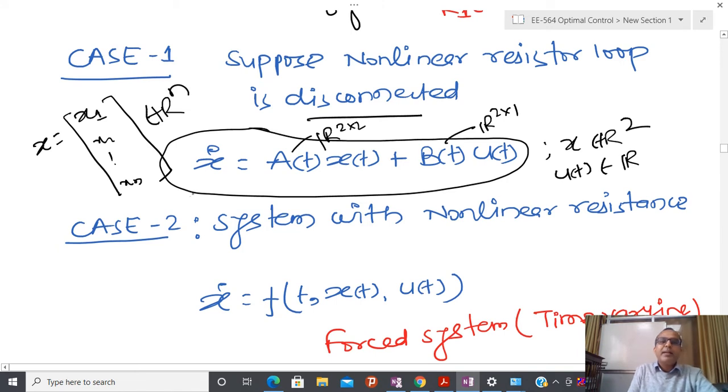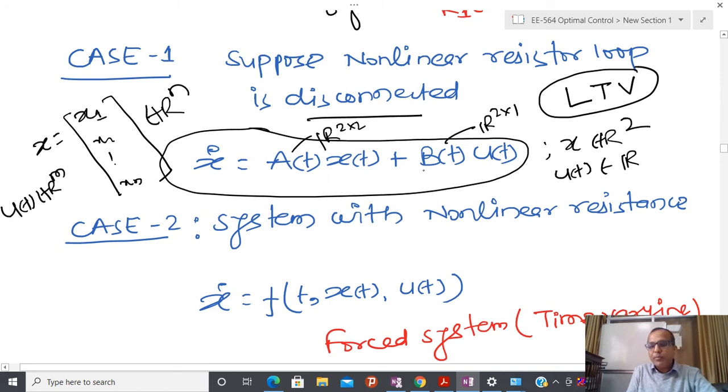So for that reason I am going to write Rn. Similarly, for general purpose I can define u(t) belongs to Rm, so m number: u1, u2 up to um. So this system is called a linear time invariant system or linear time varying system. So this is called linear time varying system.